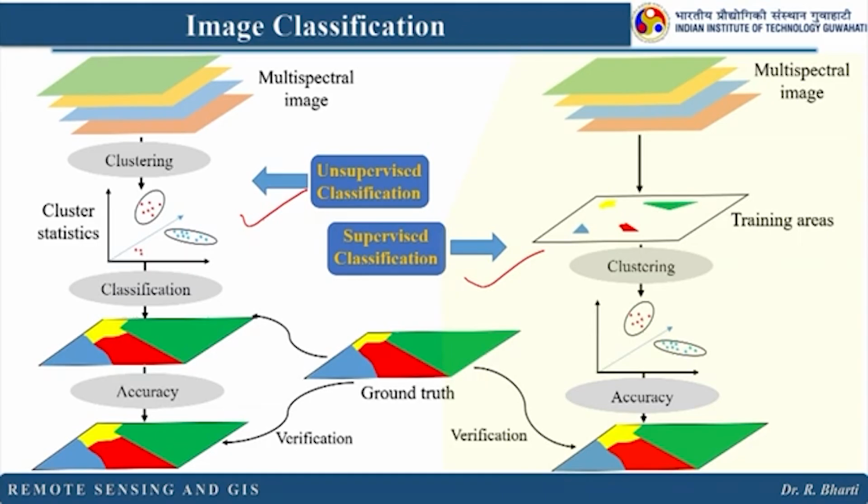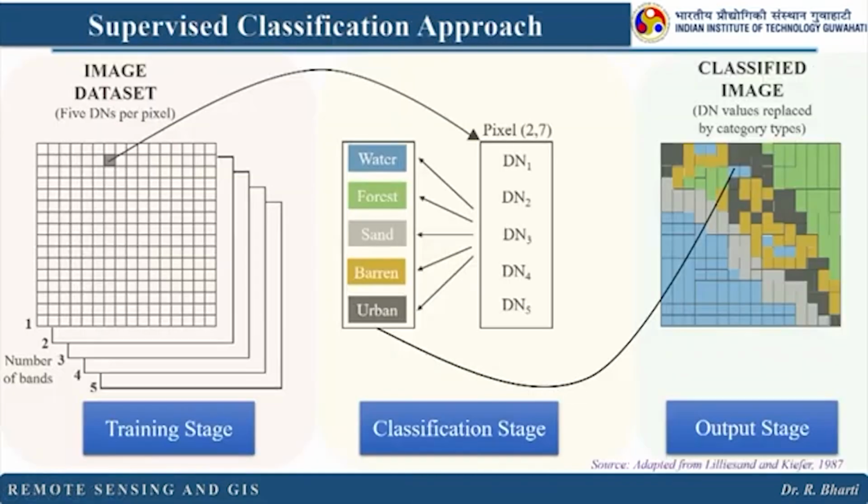So, here in hyperspectral remote sensing, we will be working with a supervised classification technique and we will provide our end members as training data, right. Once we do that, the algorithm can classify. But what algorithms are commonly used here, we will discuss.